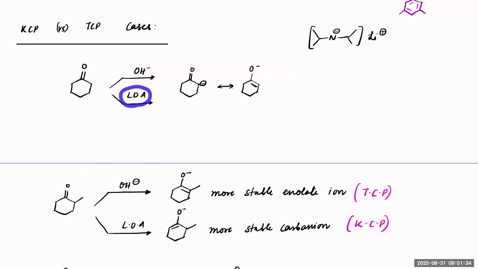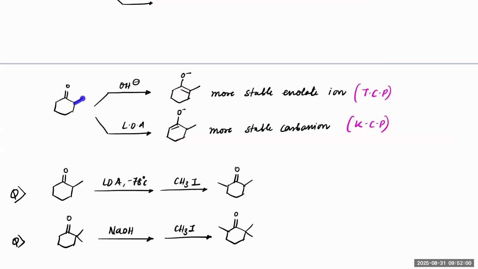If I take LDA also, LDA is a very bulky base like this. This is LDA, lithium diisopropylamide, made from diisopropylamine. So in both cases, these are bases, so they will extract H plus. But the extracting of H plus becomes different if there is an unsymmetrical ketone.